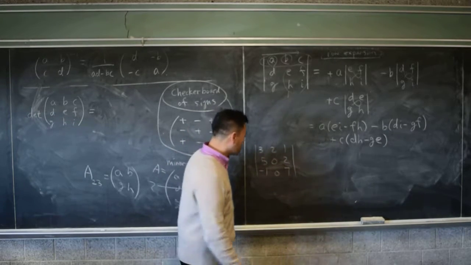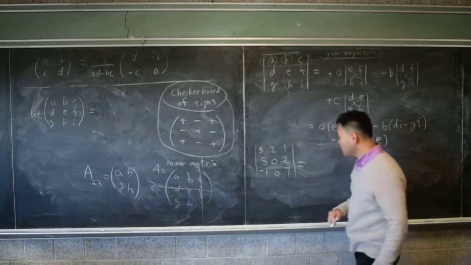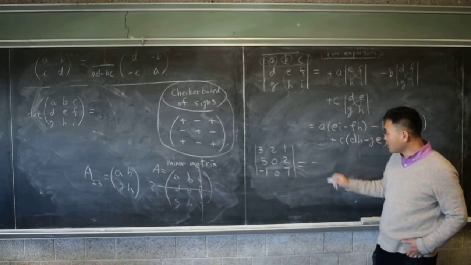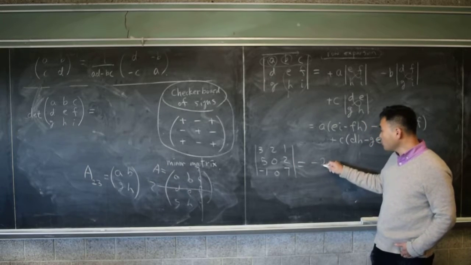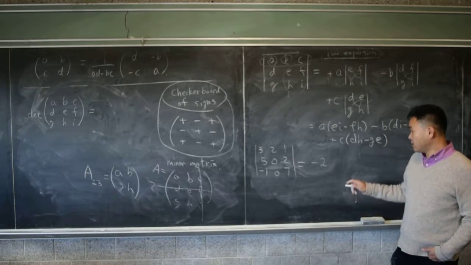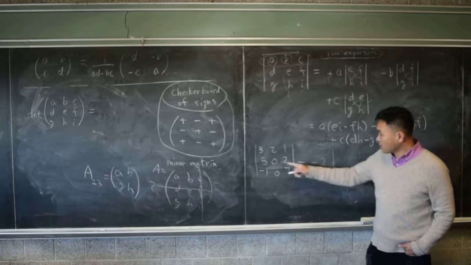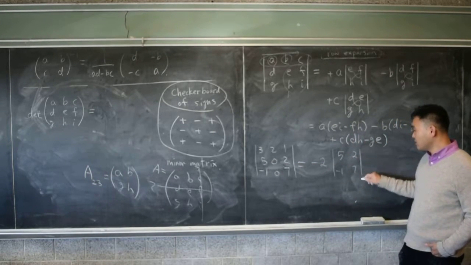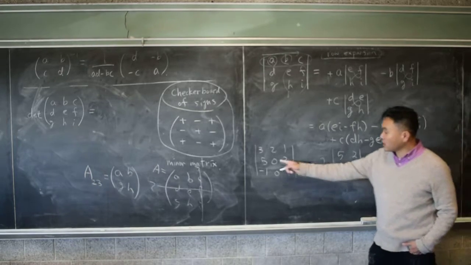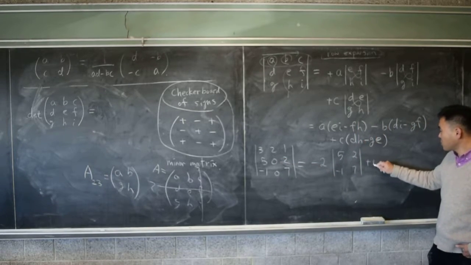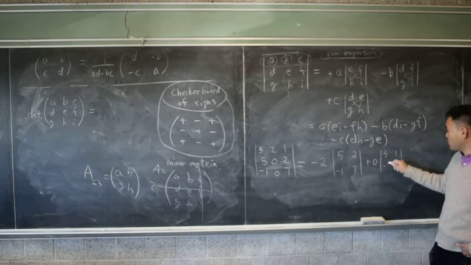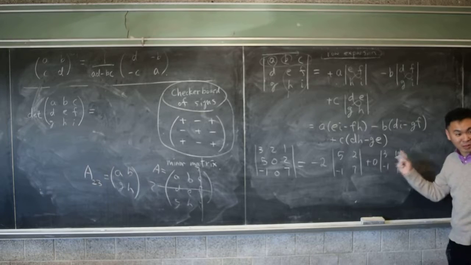Right? So when you want to calculate, I would do, this one has a minus, right? So it's minus 2. And then the minor matrix is 5, 2, negative 1, 7. And then the next one has plus, but it's 0. So plus 0, I'll just write what we're supposed to write, 3, 1, negative 1, 7. But we don't care because it's 0 times something.